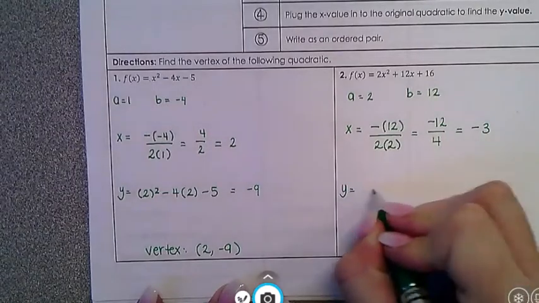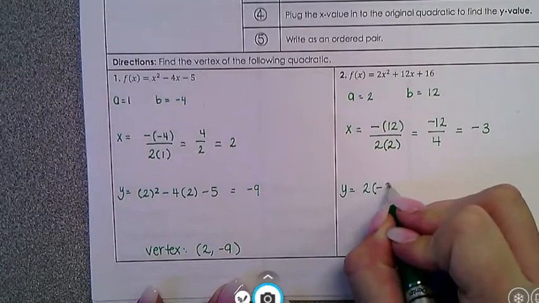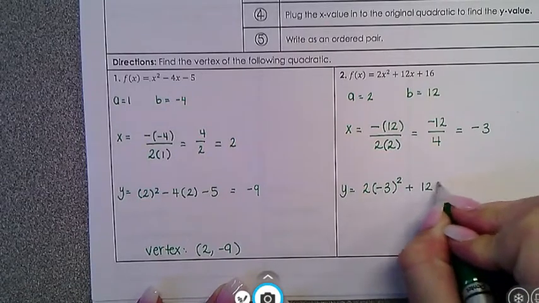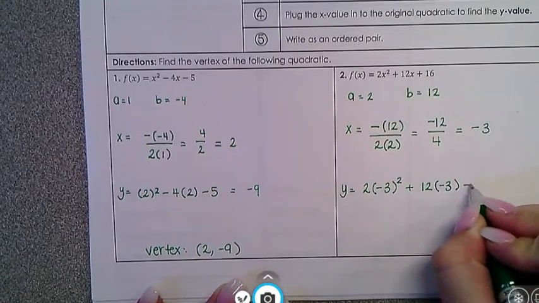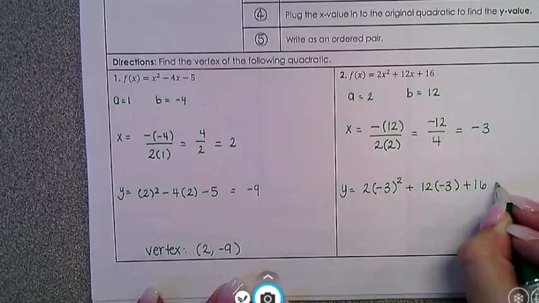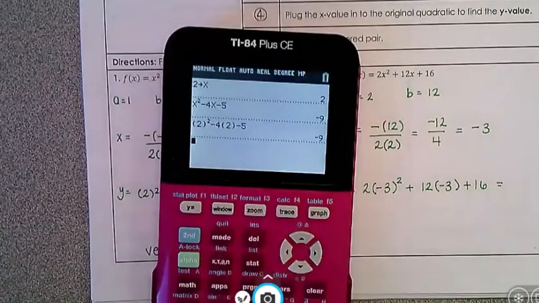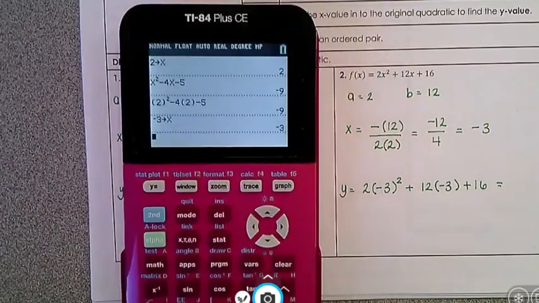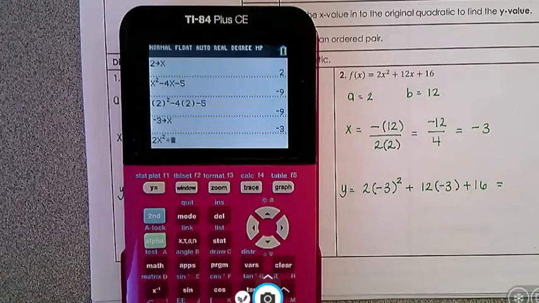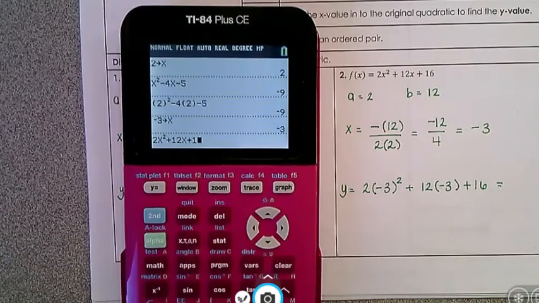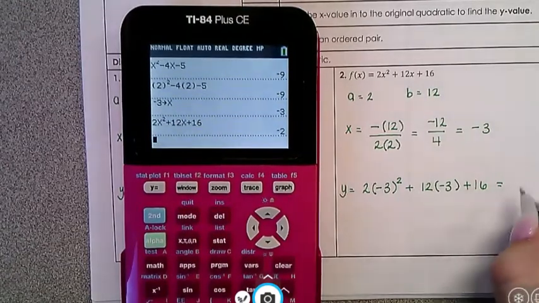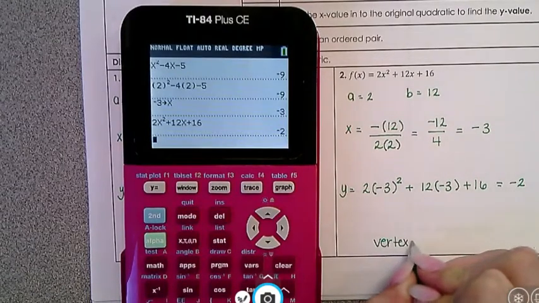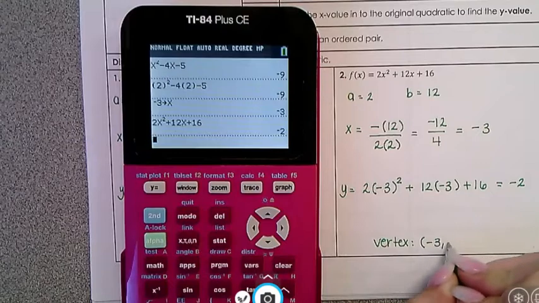So then my y, we have 2 times negative 3 squared plus 12 times negative 3 plus 16. I prefer the store, and we get negative 2. So the vertex is negative 3, negative 2.